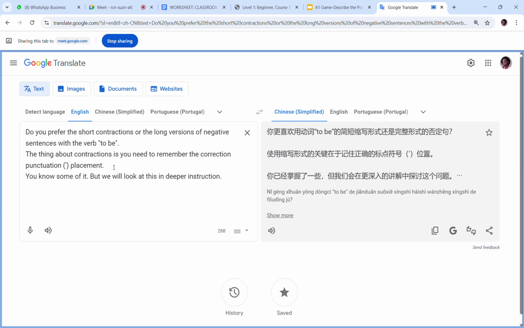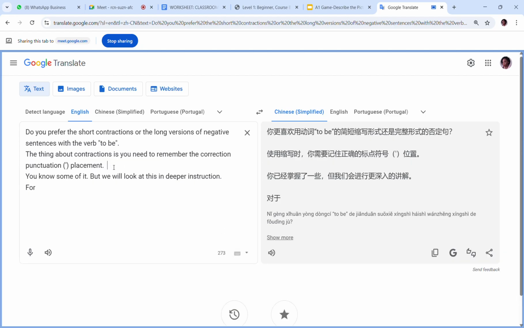For example, you know the apostrophe, right? When you say Tom's pen, to show Tom's pen, or Rokshan's book, Rokshan's glasses, right? You use the apostrophe also to contract. Instead of "is not", you say "isn't". So that's the apostrophes.